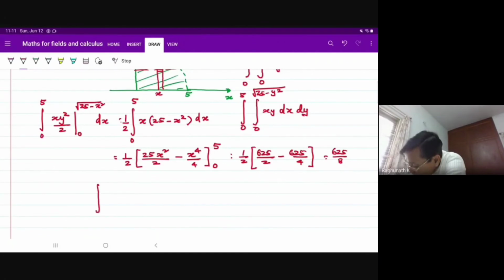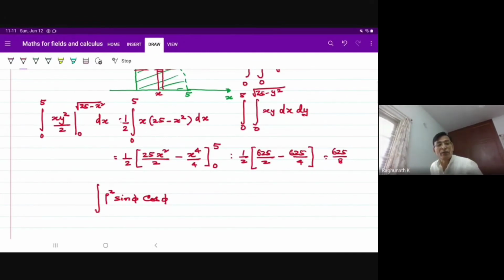Integral rho cos phi, rho sin phi, because x is equal to rho cos phi, y is equal to rho sin phi, is the surface charge density at any point rho comma phi, rho d rho d phi, rho from 0 to 5, phi from 0 to pi by 2.